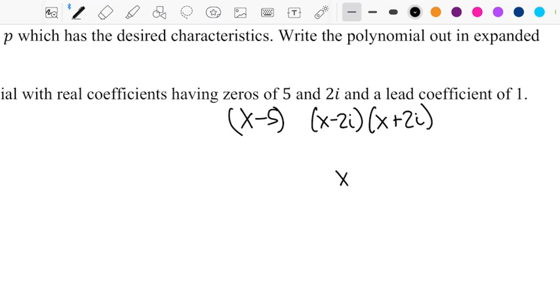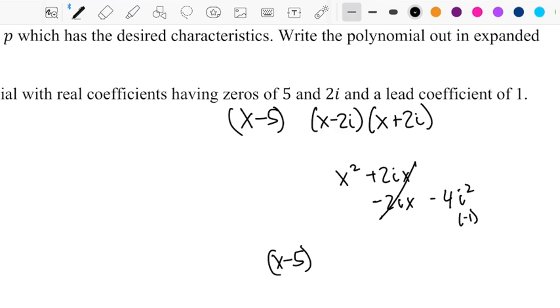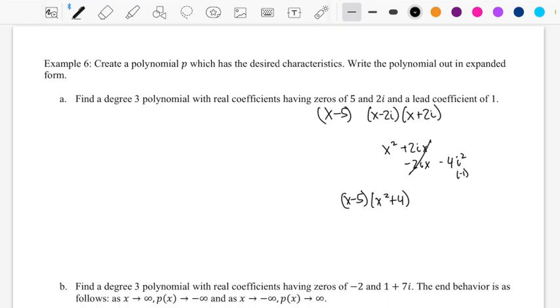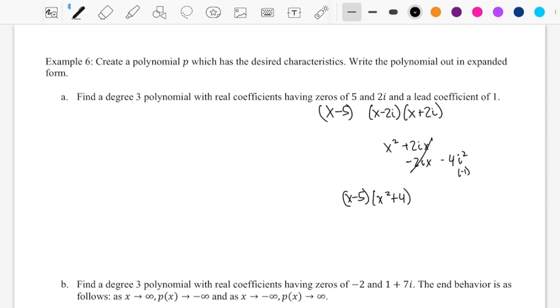So x times x gives us that x squared plus 2ix minus 2ix minus 4i squared. That cancels. That's really a negative 1. So this comes out to be x minus 5 multiplied by an x squared plus 4. And then we know that the lead coefficient is 1. And we know we should have 3 degrees. So 1, 2, 3. That's done.